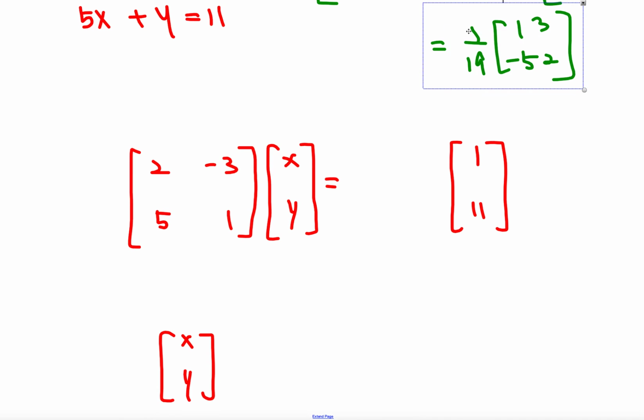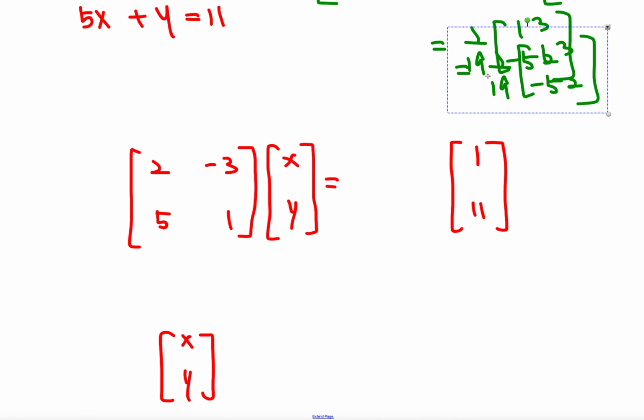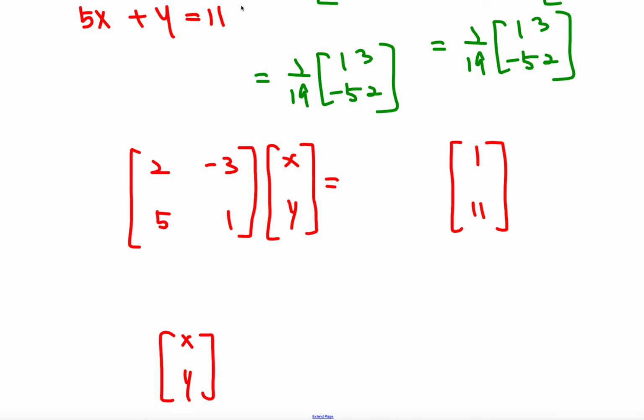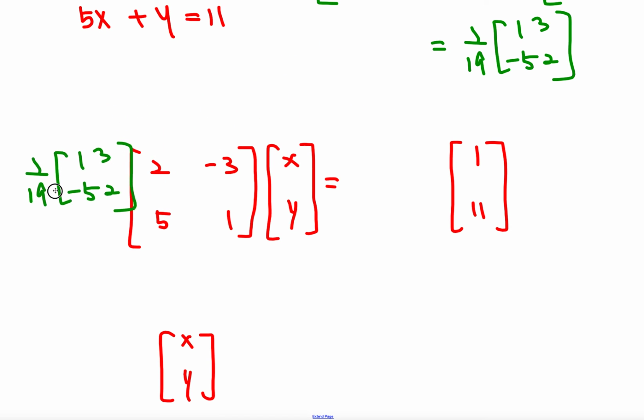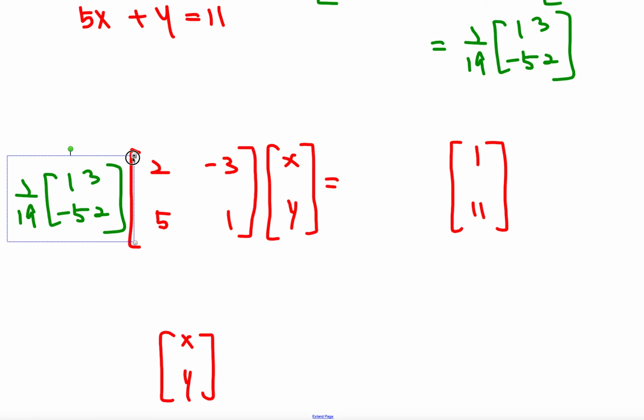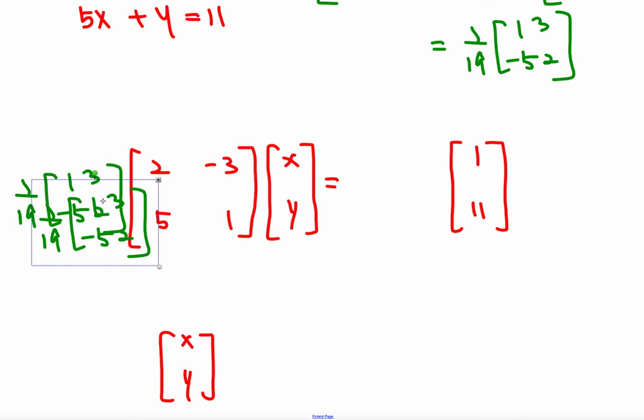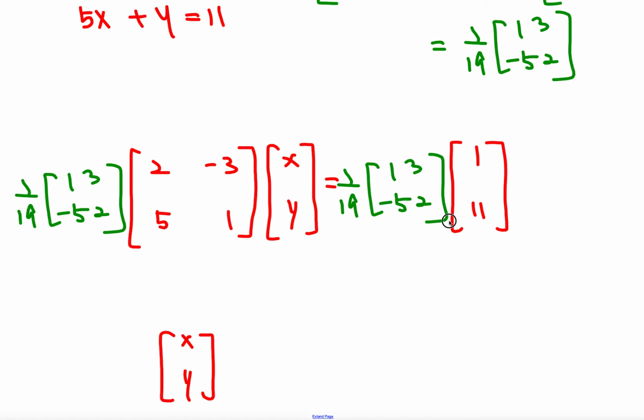Since this is an inverse matrix, I'm going to put this one over here in the front, and the same thing is being multiplied here as well. Then these two are supposed to cancel away, and whatever remains should be my answer. Let's see if that works.